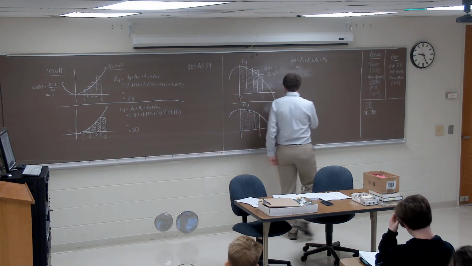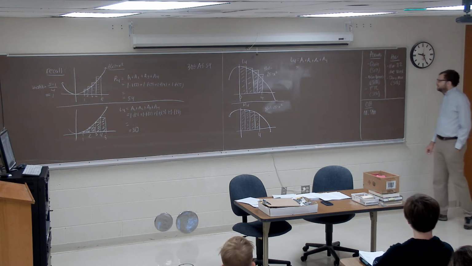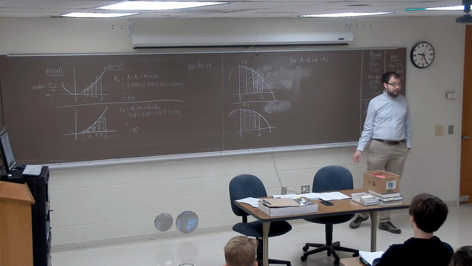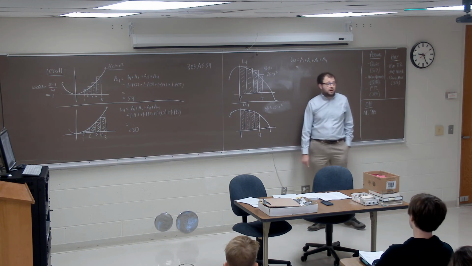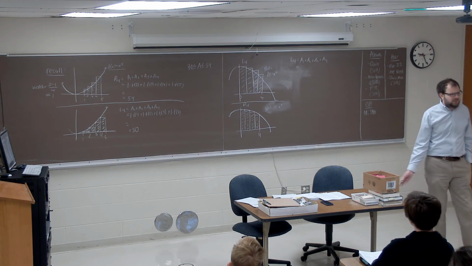Alrighty, let's come back together and talk about these. So I'd like to start with, so we're looking at L4 and R4, and in both cases I think the widths of our rectangles are going to be equal to each other. So how do we find the width of each rectangle?